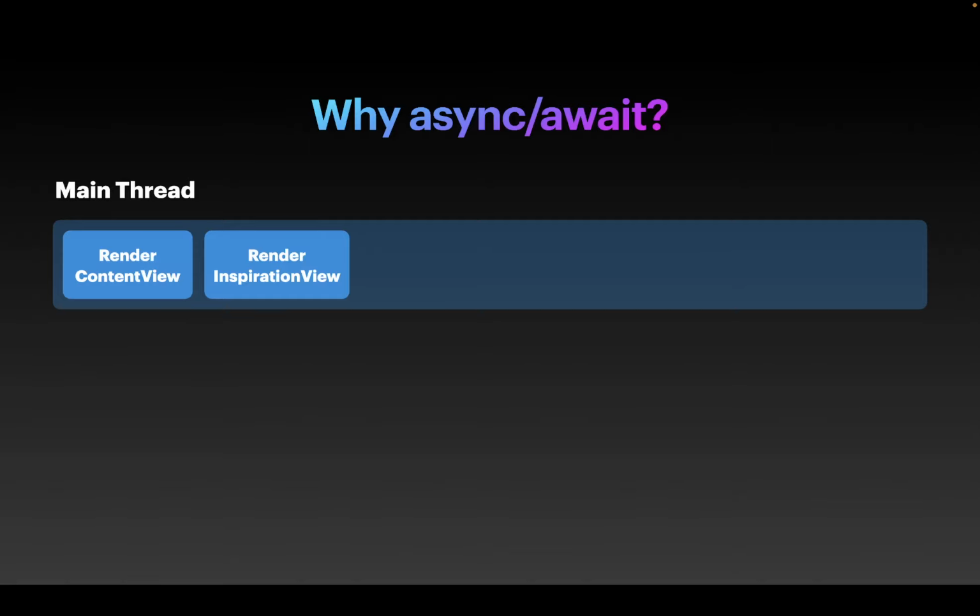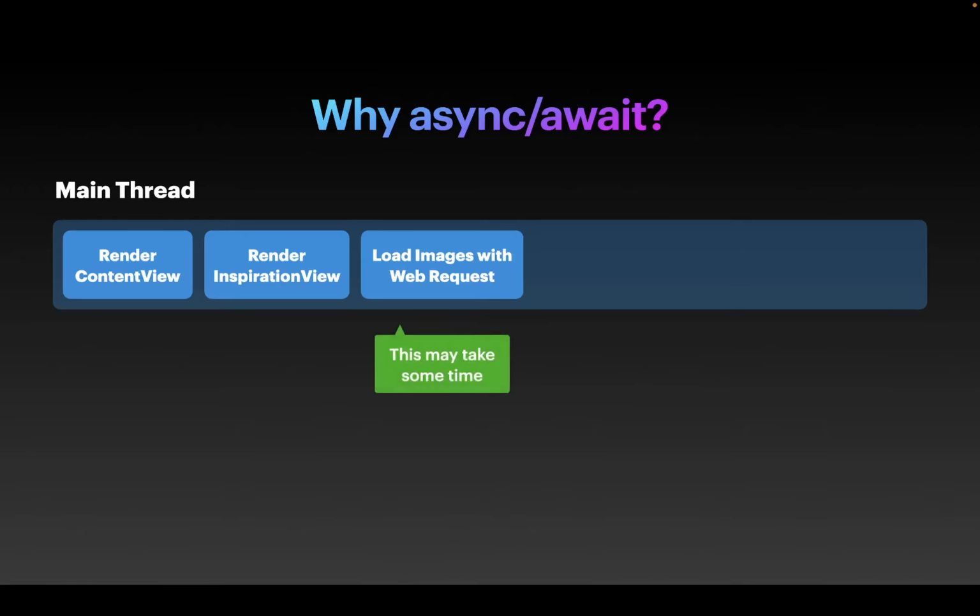So our code is going to initiate some web API requests and try to load the images from the remote server. However, this process is going to take a lot of time, at least compared to all the internal logic happening behind the scenes, because a web API request usually takes quite some time.